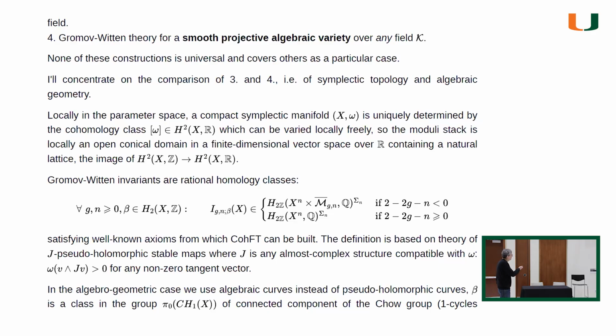And Gromov-Witten invariants are classes in homology, the virtual fundamental class of the moduli space of stable maps. From this you can build a homological field theory, because you can get a situation where there are no stable curves, but you still get stable maps.